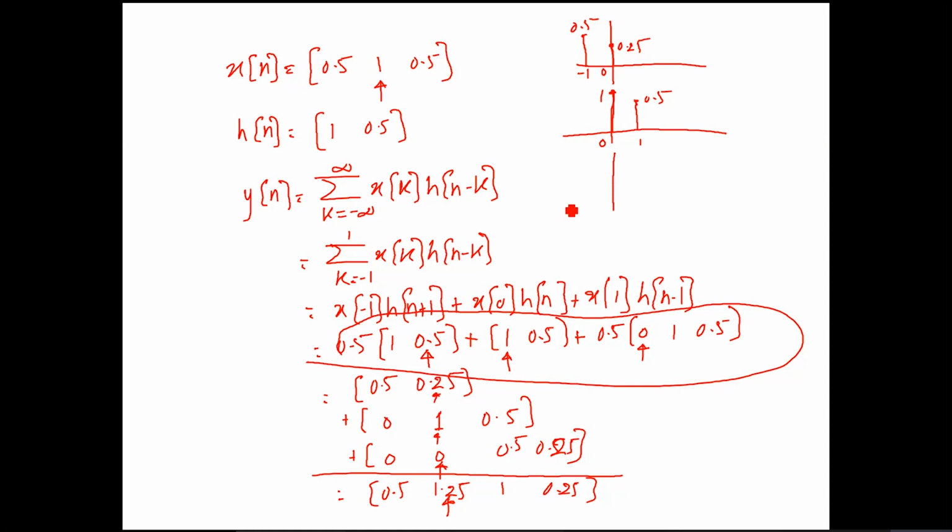And the third part was where we had 0 first, and then we had 1, and then we had 0.5. It was just adding these terms together.